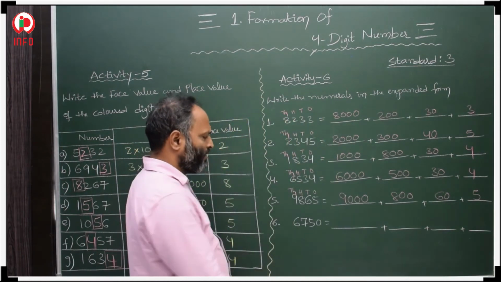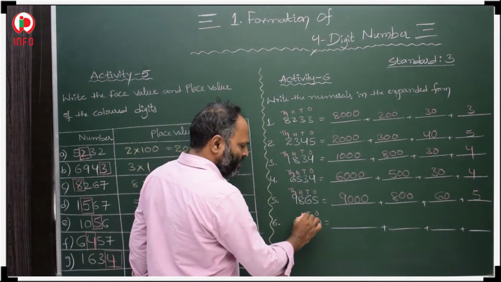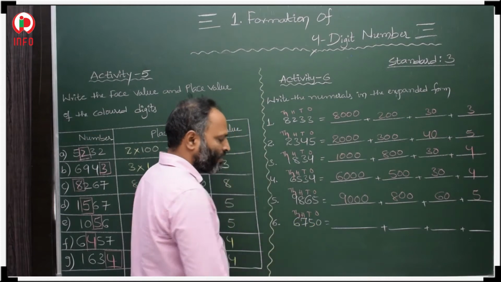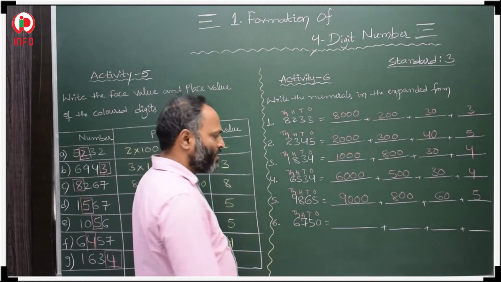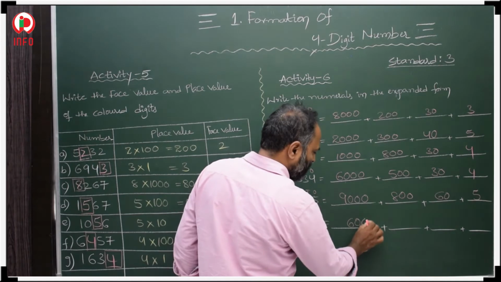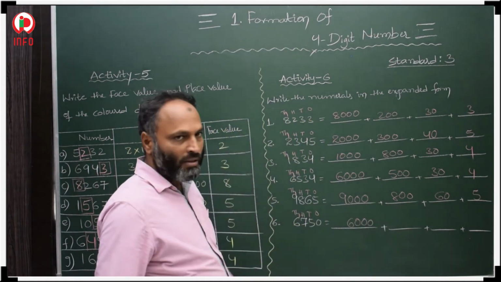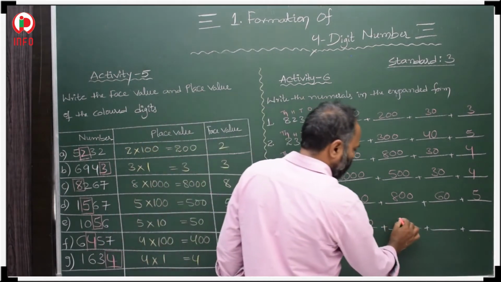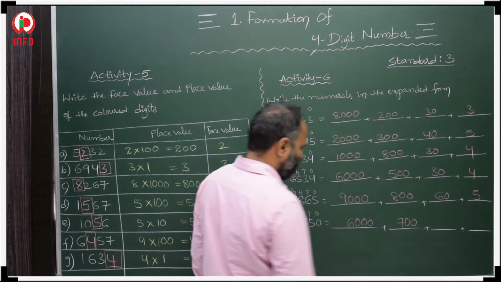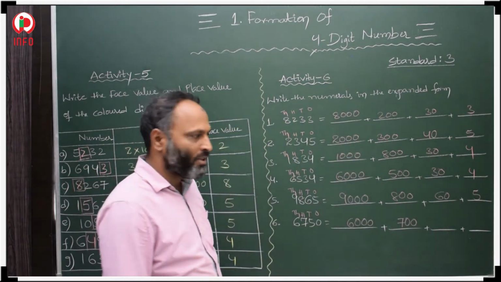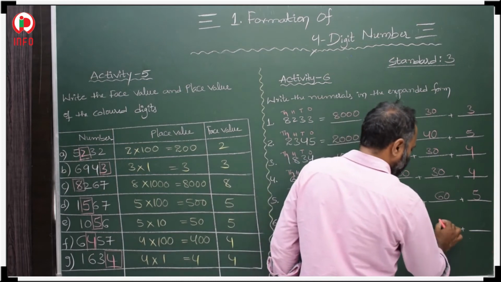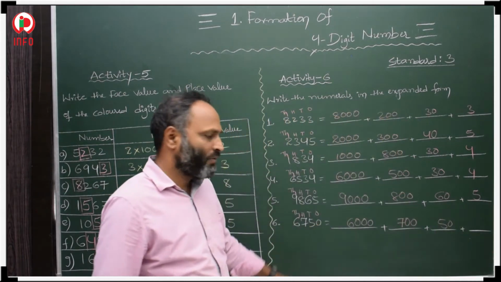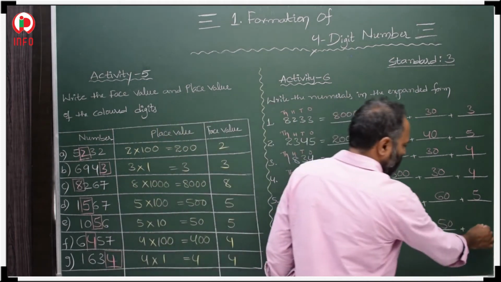Next, ones, tens, hundreds, thousands. 6 is in the thousands place, 6000. 7 in the hundreds place, 700. 5 in the tens place, 50. Then 0 in the ones place, that is 0.